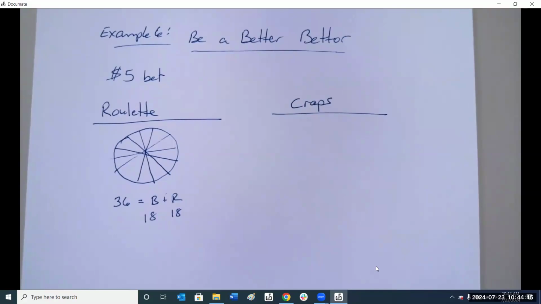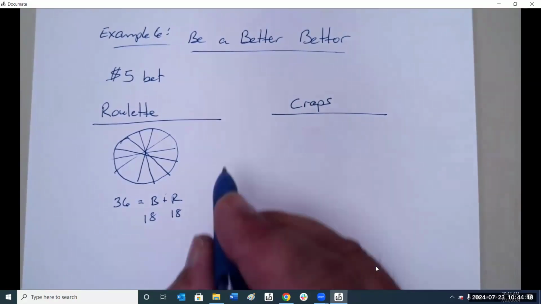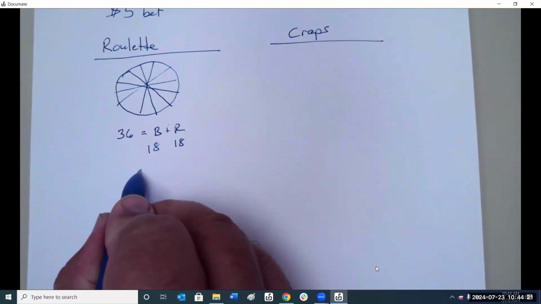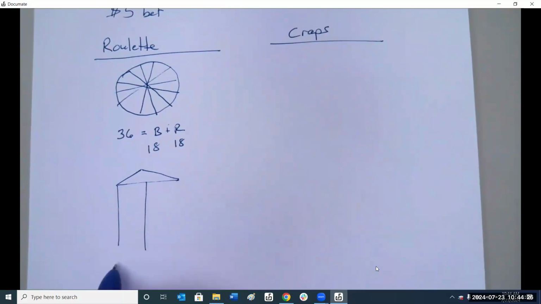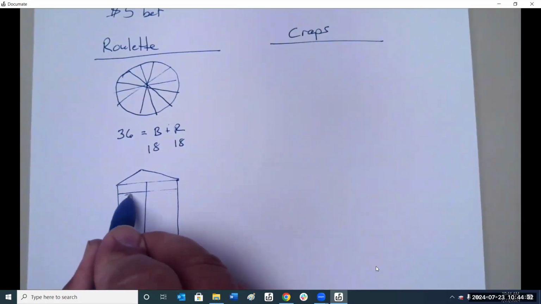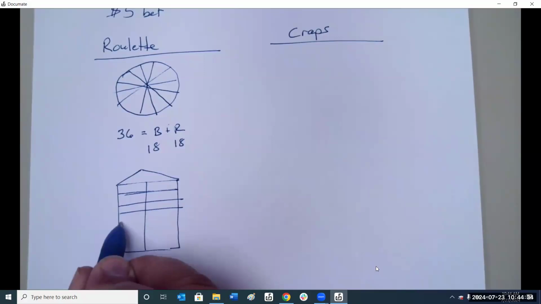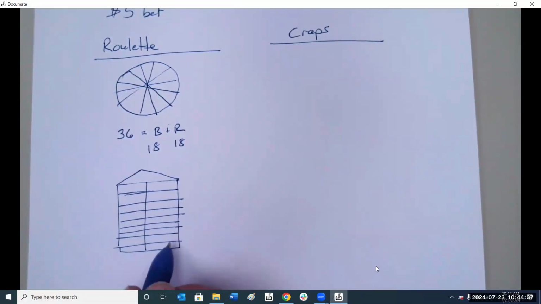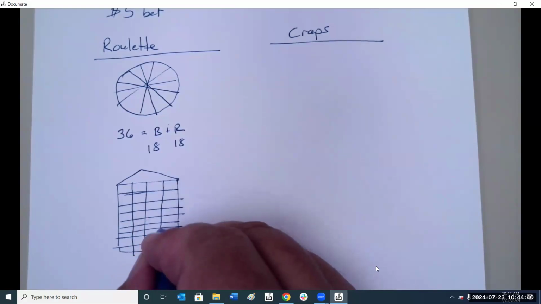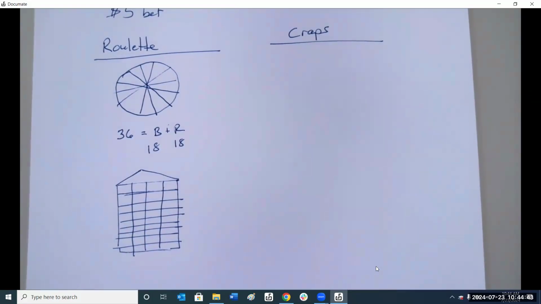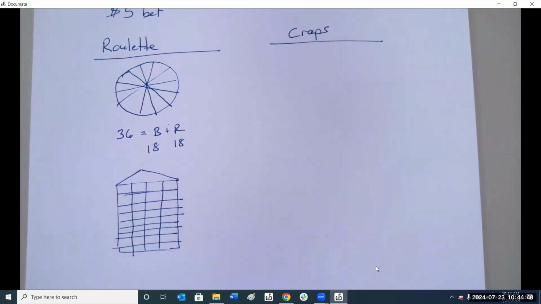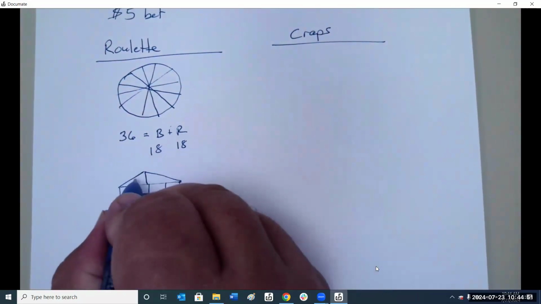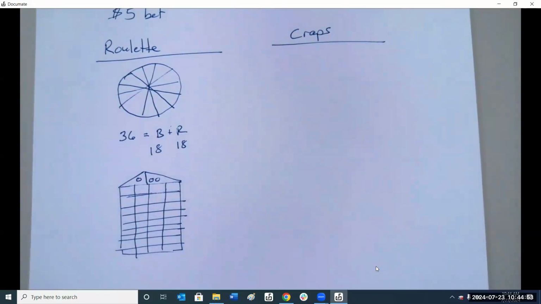So on the main board, you have 1 through 36. On the very top of the board, this is how it looks when you bet. You have 4 columns, 9 rows, 36 of them in there. And then at the very top, you have 2 green ones, a 0 and a double 0.